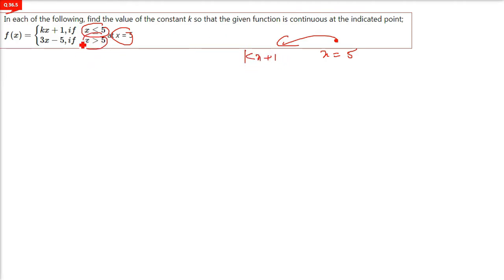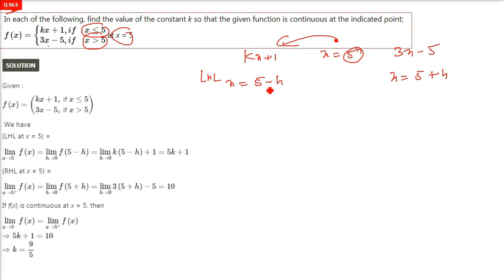When you move a bit further, you have to use 3x minus 5, and x equals 5 is the point of continuity check. So x will be equal to 5 minus h on the left hand side, x will be equal to 5 plus h on the right hand side. So let us apply this. We'll find out the limit and we'll equate it.